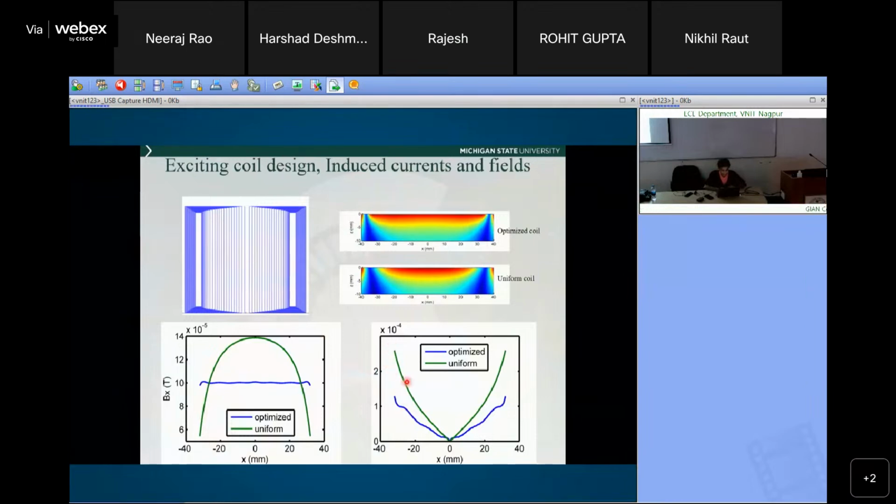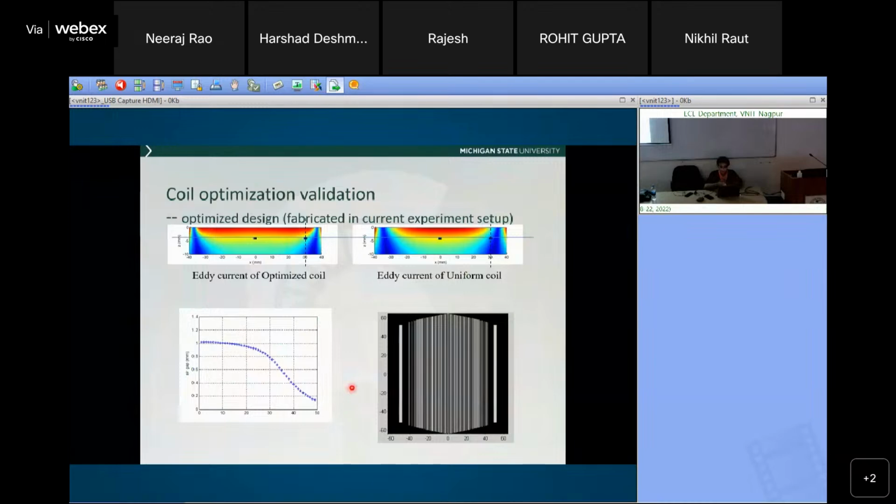The green line is what you would get for a uniform coil for the induced field, and we looked at one particular case of an optimized coil design where we could spread it out a little bit. Ultimately, we want to spread it out in this fashion. The coil need not be uniform, but the field induced has to be uniform. These are some of the simulation results.